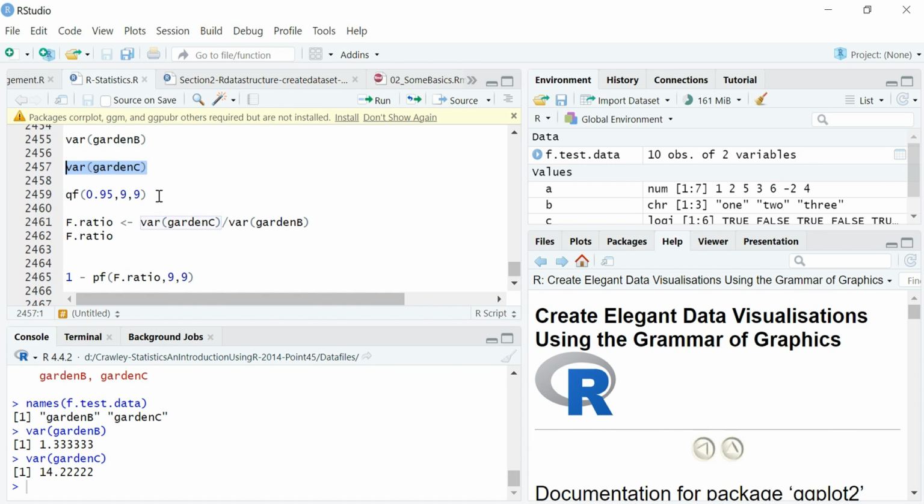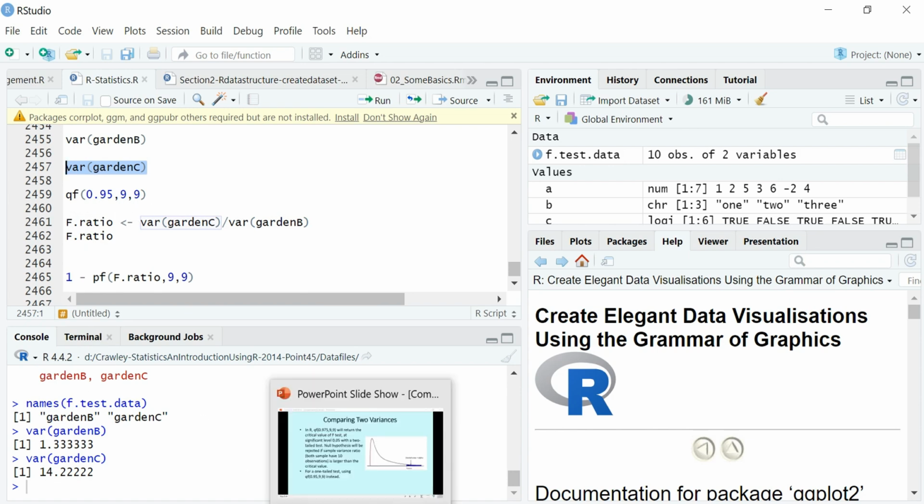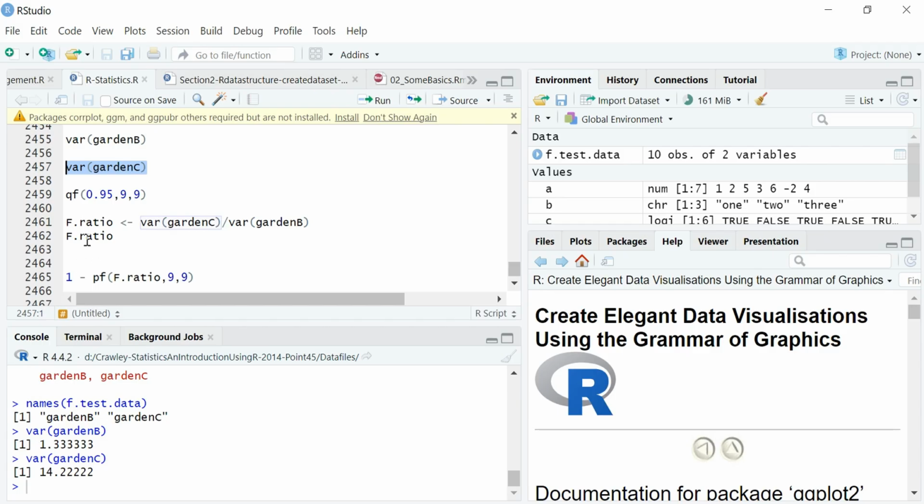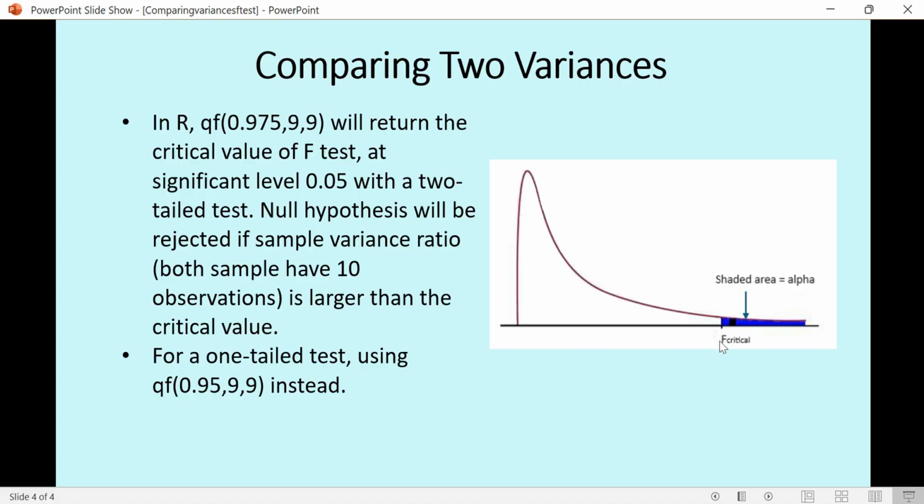So we can use the qf function for the one-tailed test. qf 0.95 will calculate the quantile value, the critical value, which we will compare with the sample statistic.